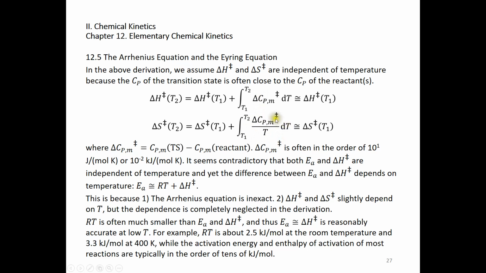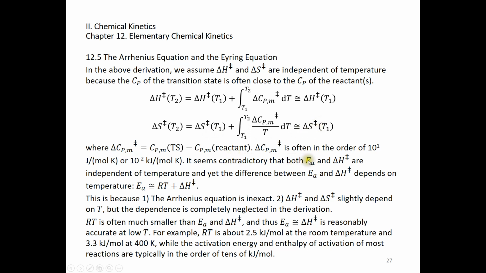And over here, if you look at again a small temperature range, and then you look at the value of this integral, it's often on the order of 10 to the power 0 joule per mole per Kelvin. And that's usually much smaller than the entropy of activation. And therefore, we often neglect this integral and assume the entropy of activation is also independent of temperature.